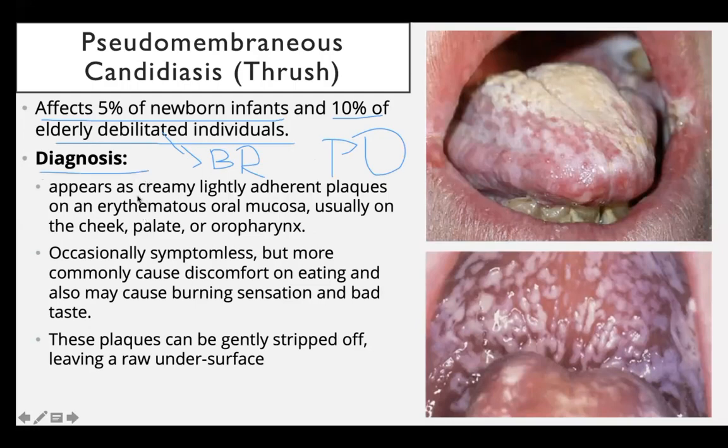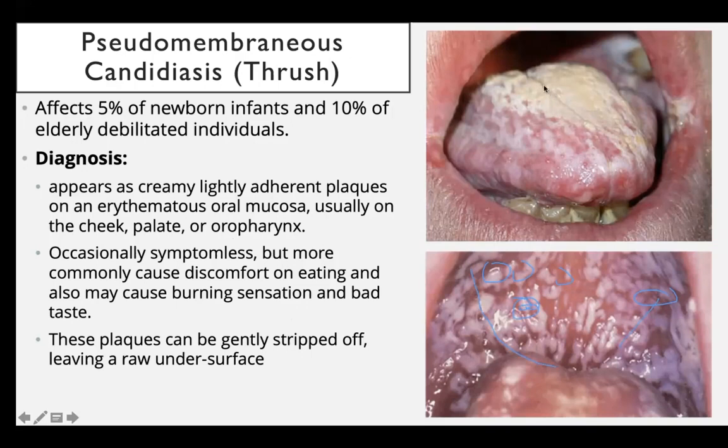Diagnosis: it appears as creamy, light, adherent plaques on an edematous oral mucosa. So red-looking mucosa, the background is red, and then we have white-looking, creamy, shiny, adherent, continuous patches close to each other, usually also on the cheek, palate, and oropharynx.